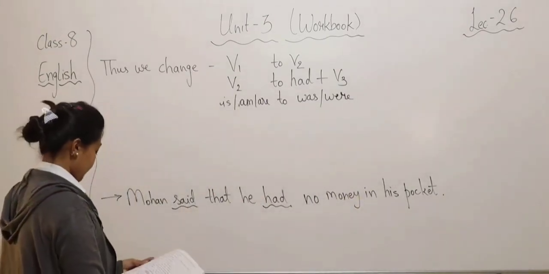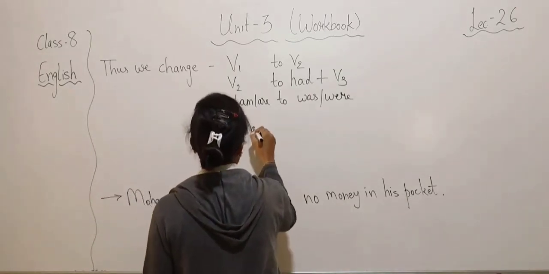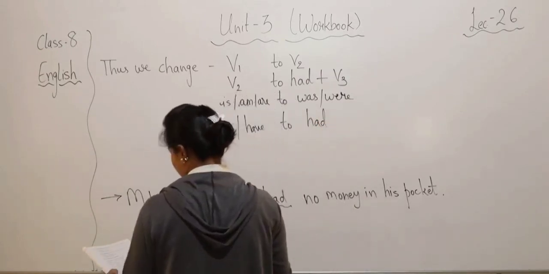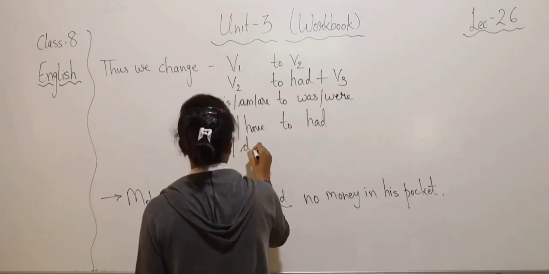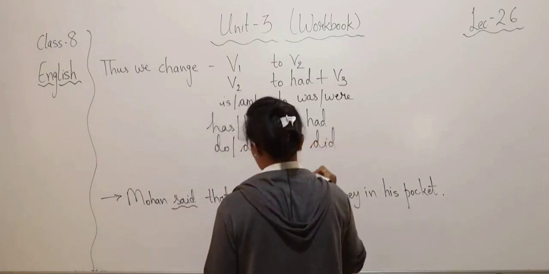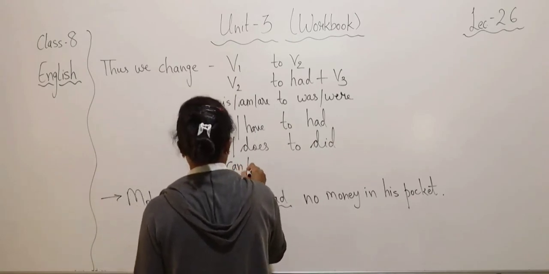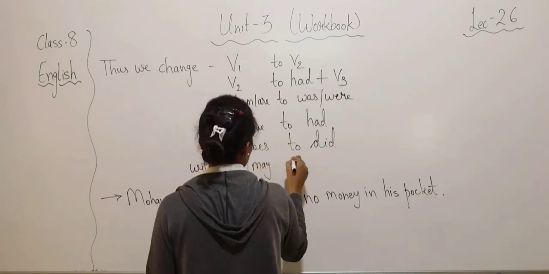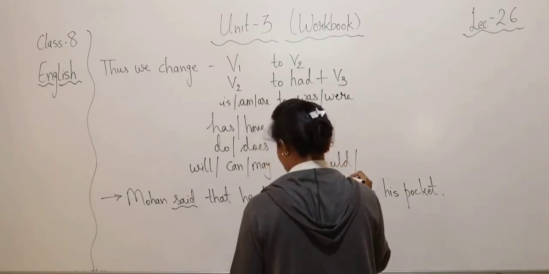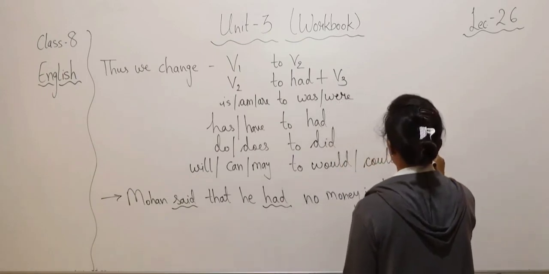After this, has or have is changed to had, then do or does to did, will, can, may are changed to would, could or might. Clear?